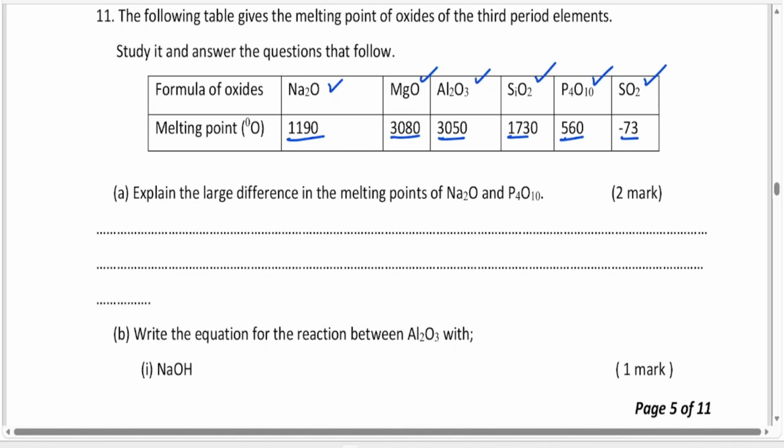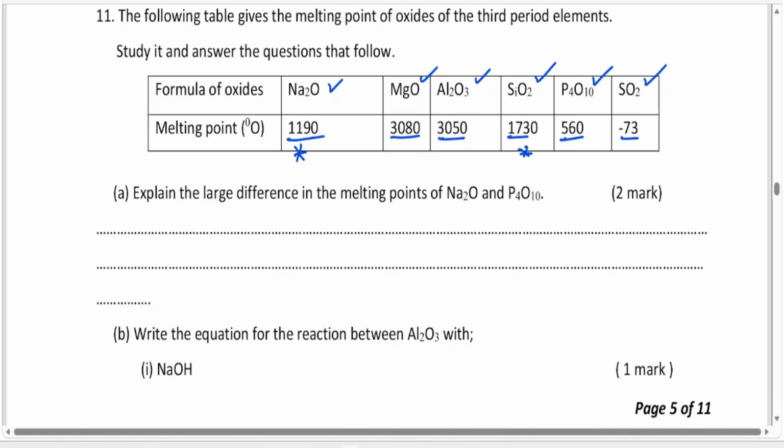You can easily tell that metal oxides have the highest melting points as compared to gases or non-metals. Silicon oxide is a special case with a bit high melting point. When you look at the melting point of silicon oxide compared to that of sodium oxide, you notice that sodium oxide has a lower melting point. And why this?